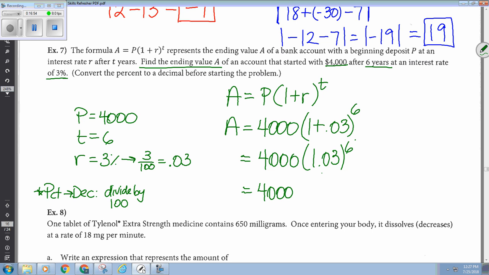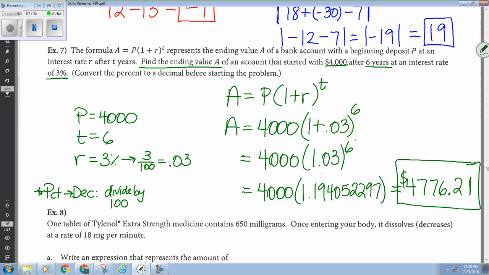So you have 4,000 times 1.194052297. Now, your teacher would probably have you stop after a few numbers after the decimal place. I'm just putting everything for the purposes of this video. So the last thing you need to do is multiply them together. So take 4,000 and multiply times that number. You get 4,776.21. So that would be your ending balance.